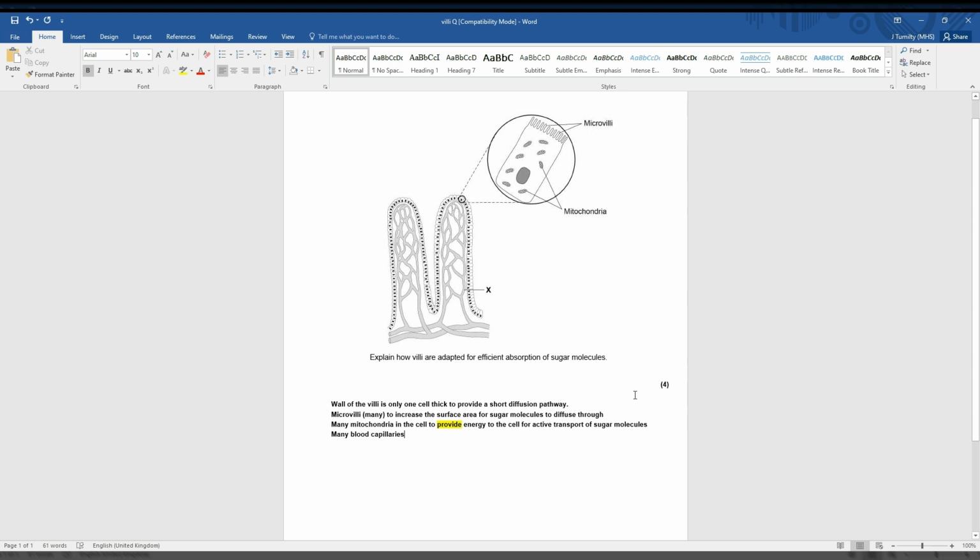Well, the whole point is we're trying to get these sugar molecules from the digestive system into the blood, okay, to provide a good blood supply to carry sugar molecules away to where needed.